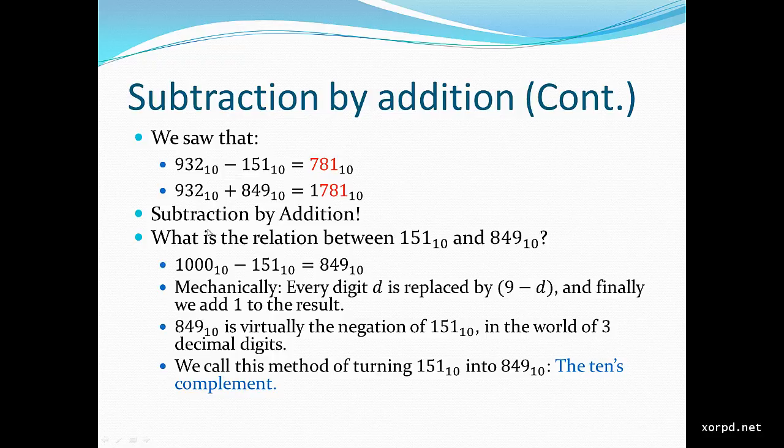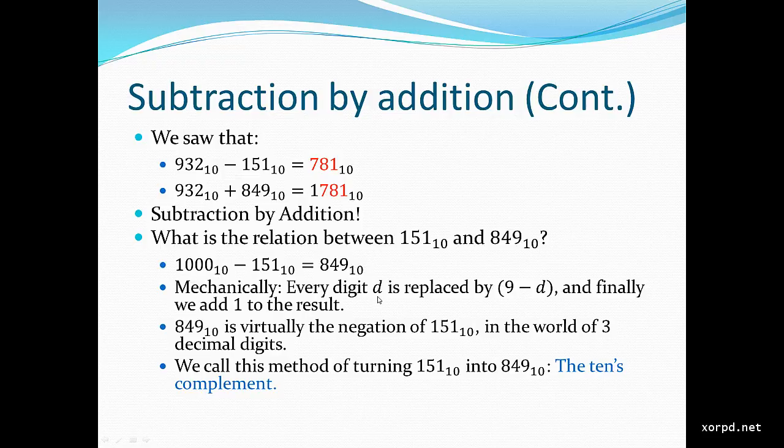What actually is the relation between 151 in base 10 and 849 in base 10? Well, this is the relation. That is how we got this number. The subtraction from 1000. This operation of the subtraction is mostly mechanical.